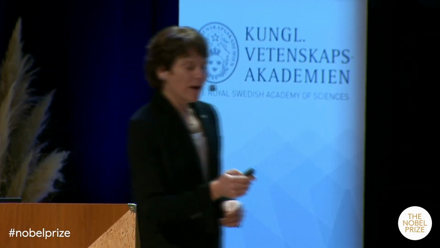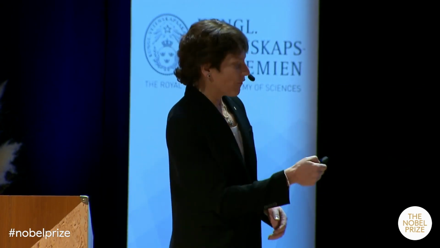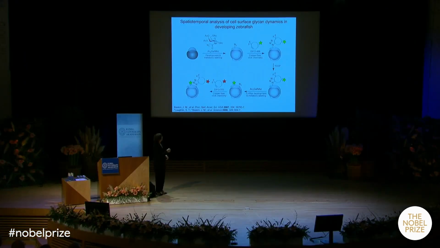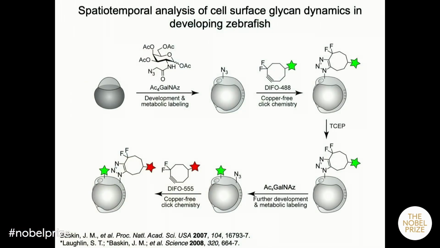And they did some experiments where they would pulse these embryos at different time points with different azido sugars and map out sugars appearing in different cell types. So for example, in one experiment, they would do one round of labeling, and then any unreacted azides still present in the fish, they would quench with a phosphine reagent in a classic Staudinger reduction.